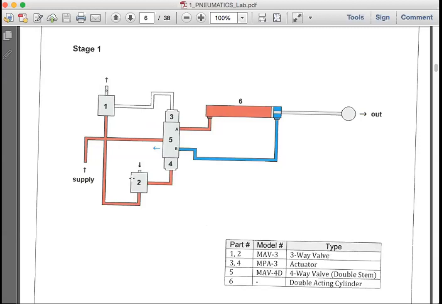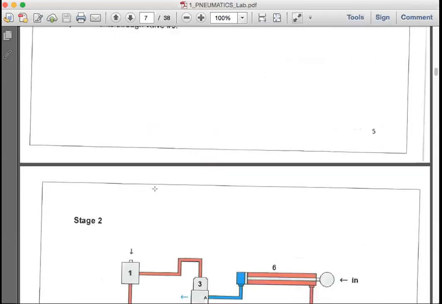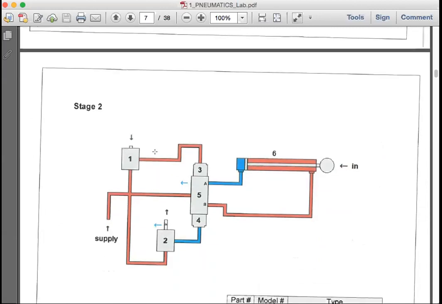So it's a full memory. Activation of number 2 indicates extension. Activation of number 1 indicates retracting the piston. So unless you activate number 2, the piston will stay in after releasing the stem.